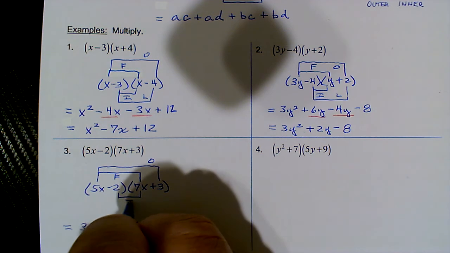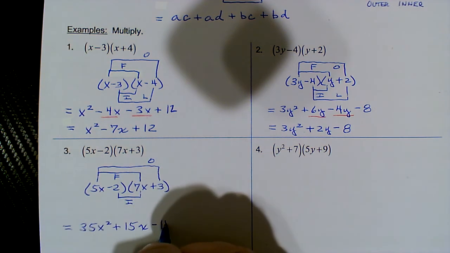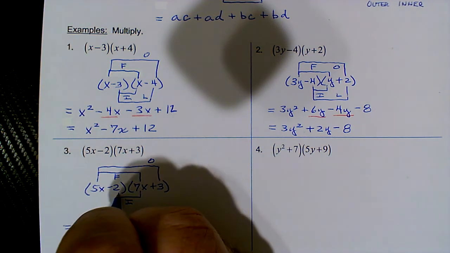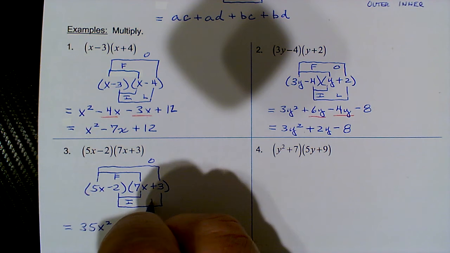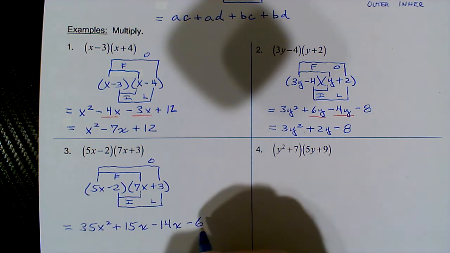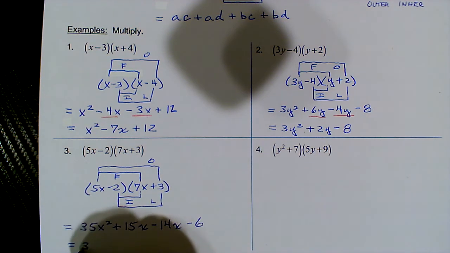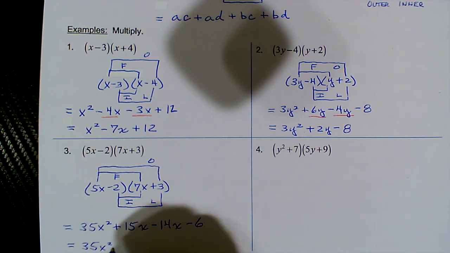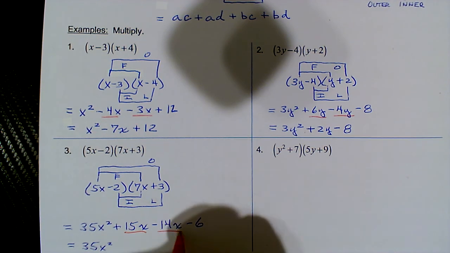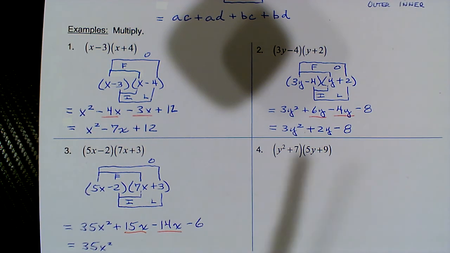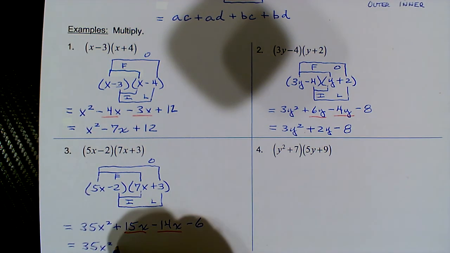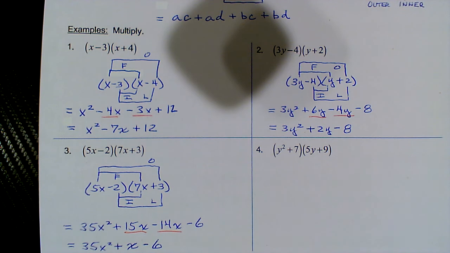Inner terms, negative 2 times 7, negative 14, carry the x. And our last terms, negative 2 times 3 is negative 6. And so we'll recopy the squared term, combine the outers and the inners again, and that gives us 1x, so just remember you have to separate, so plus you could say 1x or just simply x, the 1 is understood, and then make sure you recopy the negative 6.